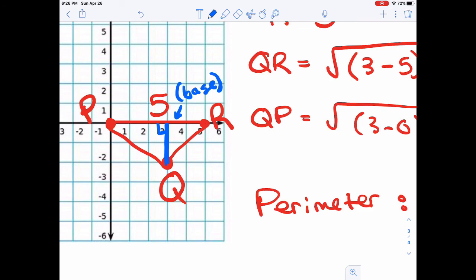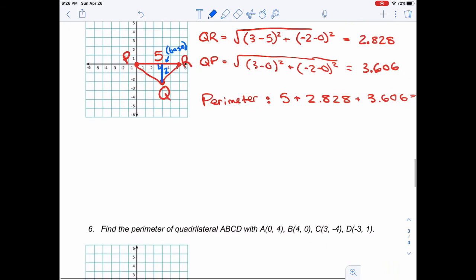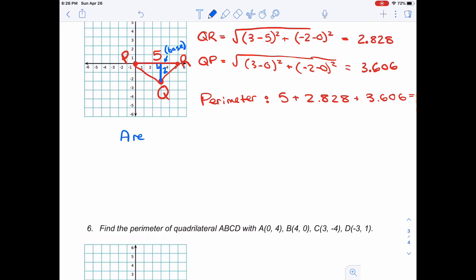And this one works out that we can just count it. We can see that that's going to be 2. So for our area, all we have to do is 1/2 times our base, PR, which is 5, times our height, which is 2. And that's easy enough. We get 5 units squared. Just make sure you label your units all the time for these, okay?